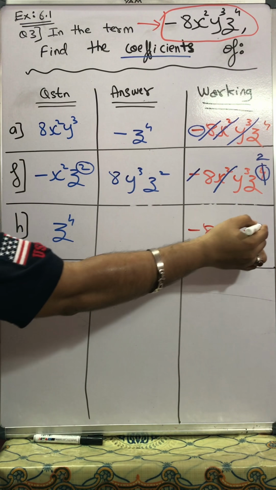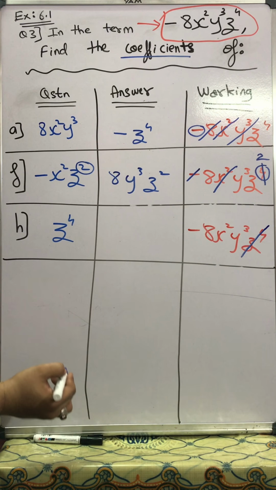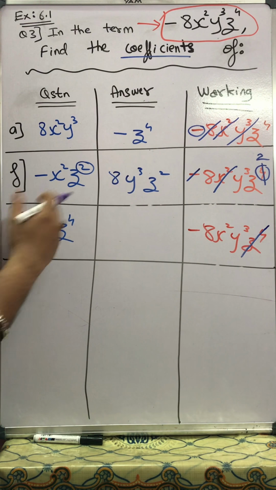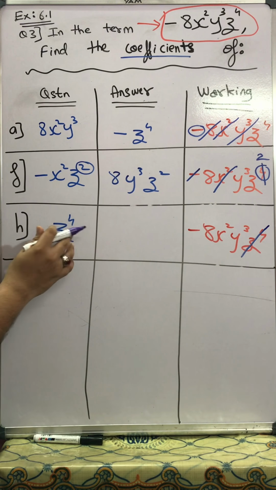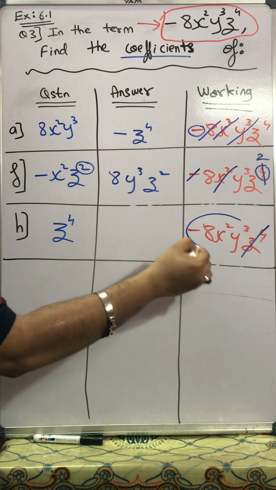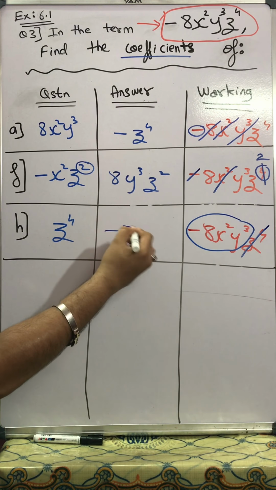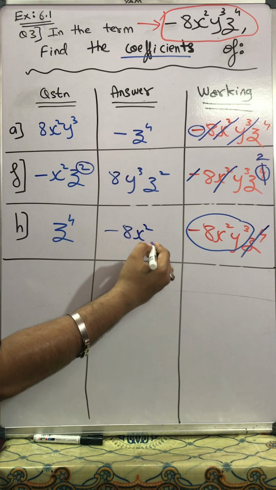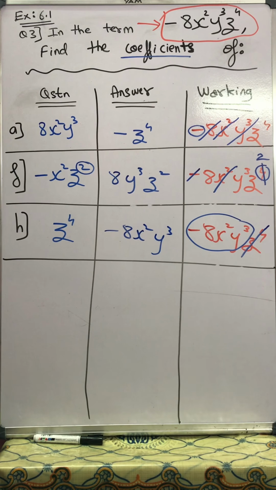Z raised to 4, strike off z raised to 4. I want to find the coefficients of z raised to 4. So what are the coefficients of z raised to 4? These are the coefficients. So minus 8 x square y cube is the answer. Hope you understood, students. Please pause the video and do it first.